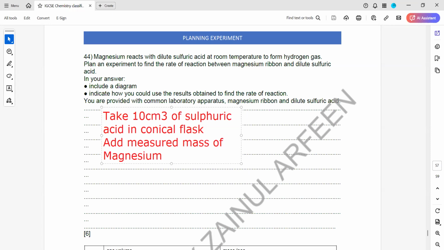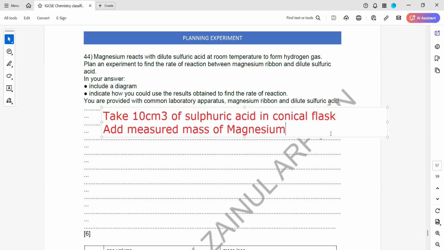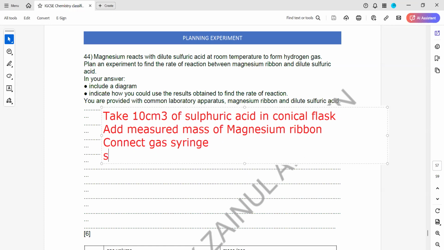Even with magnesium ribbon, you can compare the size as well, so a measured length of magnesium ribbon. Then connect the gas syringe. Then start the timer and record the volume of the gas.